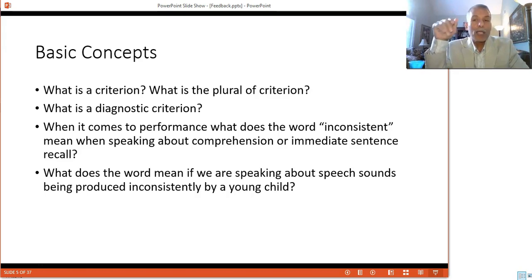Let's say in a communication disorders undergrad program, for example, for someone to take a particular course, there are two criteria, for example. I'm just making them up. We could say you must have a 2.8 GPA, you must have 15 undergrad credits in communication disorders in order to be eligible to get into this class. So we use what are known as diagnostic criteria.